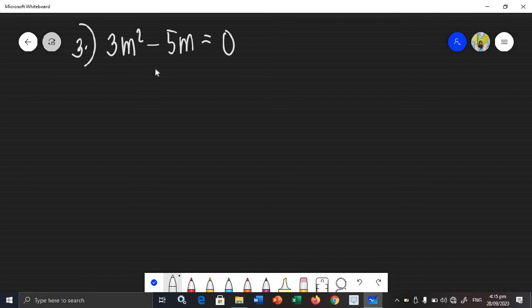Pero quadratic formula kasi kaya niyang solvein lahat. So if you're having trouble using the other methods, you can straight up use quadratic formula. Okay, so I'm just going to rewrite the quadratic formula here para hindi niyo makalimutan. L over 2a.